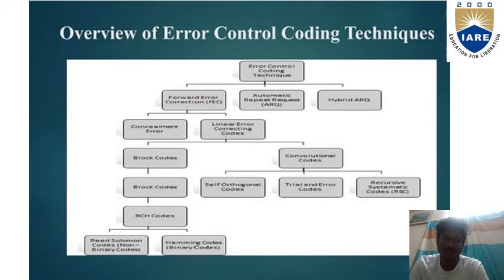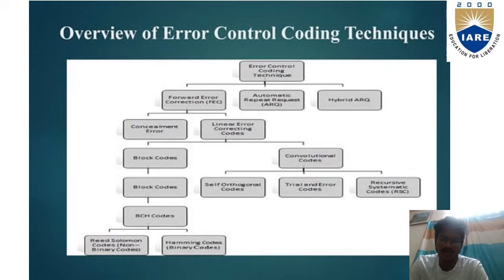The first one is error control codes, and in linear error correcting codes there are two types, which are block codes and convolutional codes.